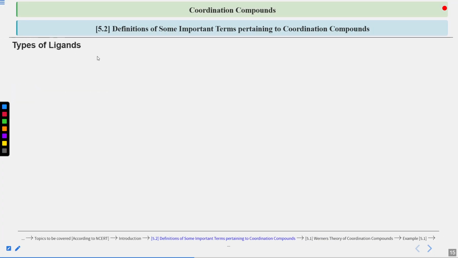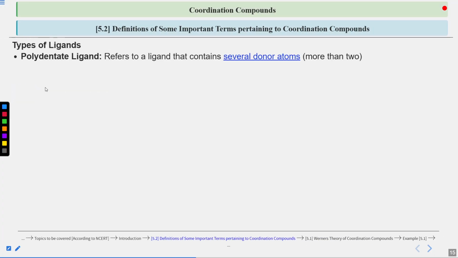So let's see the types of ligands. The first is the polydentate ligand. These are important terms and concepts to learn. A polydentate ligand refers to a ligand that contains several donor atoms. We have seen unidentate and bidentate, now polydentate.